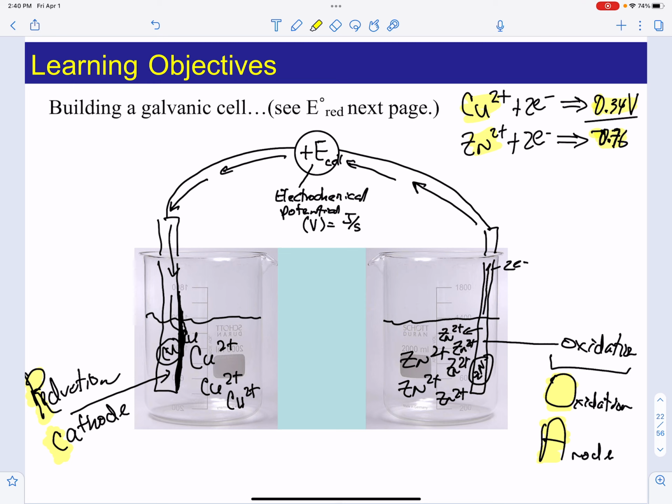So we have defined the anode and the cathode, and the electrons will always travel, just a reminder, because if it's oxidation, the electrons are leaving. The electrons always travel, what I like to say, alphabetically. It goes from A to C, from the anode to the cathode.